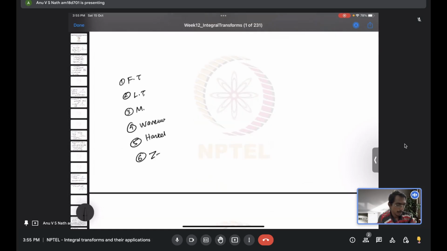Before the last class we also saw a transform which is basically evaluating the projection. I forgot its name, but that transform is there.